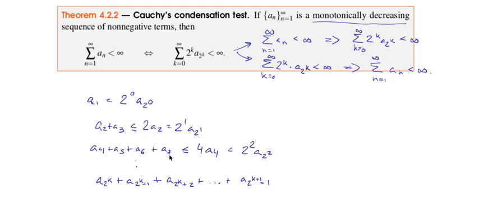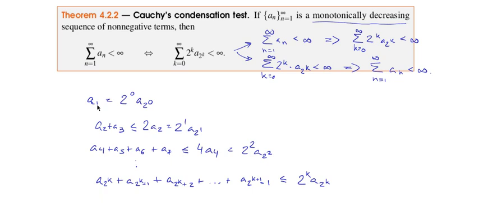So this would be a sub 2 to the cube minus 1. Okay, so a sub 8 is 2 to the cube minus 1. This is smaller than 2 to the k a sub 2 to the k. And again, we could prove this using induction, but we are not going to do it.